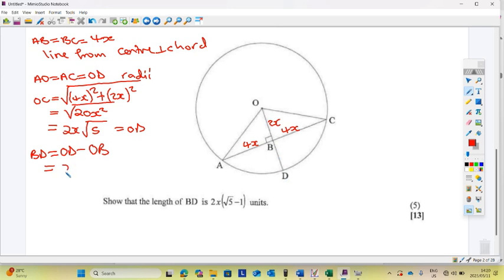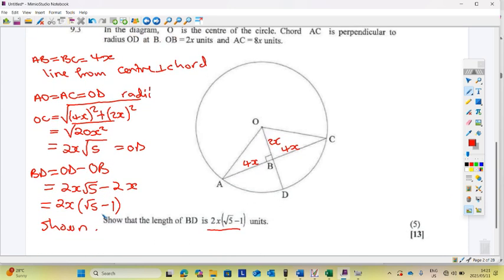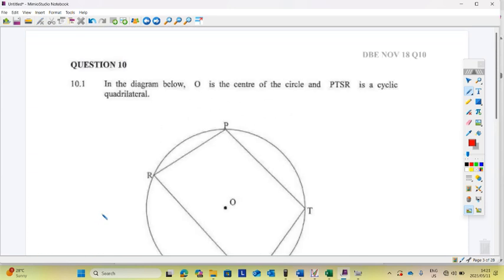Our OD is 2x square root of 5 minus OB is a 2x. There we are. And then the very last thing, just factor out 2x. So we have 2x bracket square root of 5 minus 1. And it has been shown. There we are. That is question number 9.3. And then let's go to the next one.